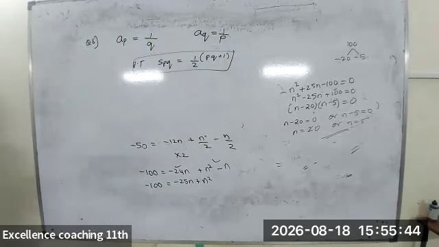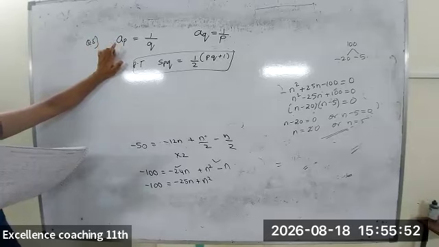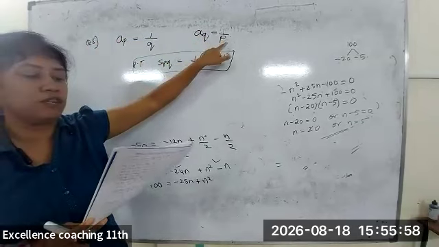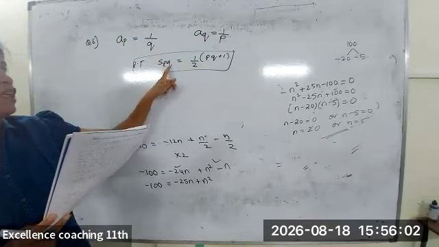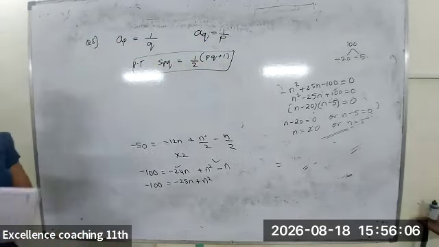Read the question again. In an AP, the pth term means, like the fifth term we say as A5, the 10th term we say as A10. Here they are saying pth term, so the pth term of the AP is given as 1 by q. So the qth term is given as 1 by p. Prove that the sum of the first pq terms is half of pq plus 1.